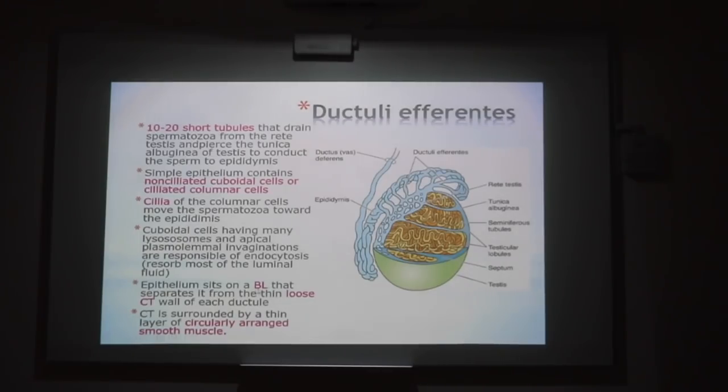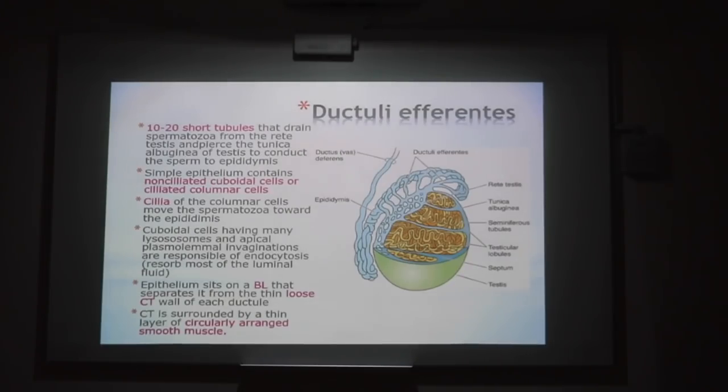The epithelium sits on a basal lamina that separates it from the loose connective tissue, and the connective tissue is surrounded by circularly arranged smooth muscle fibers. So in the efferent duct tubes, you have epithelia with short and tall cells, either non-ciliated or ciliated. We have talked about their function. Then you have the basal lamina, covered outside by loose connective tissue, and outside that a layer of smooth muscle fibers.